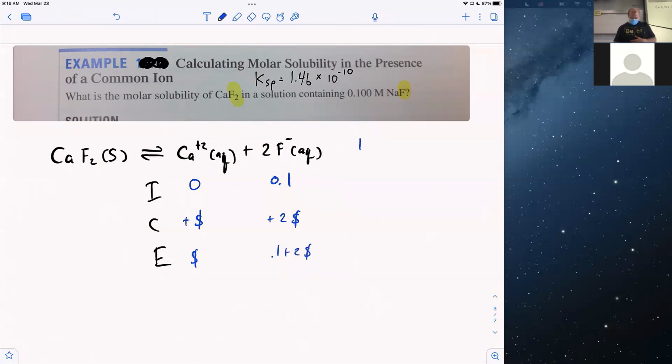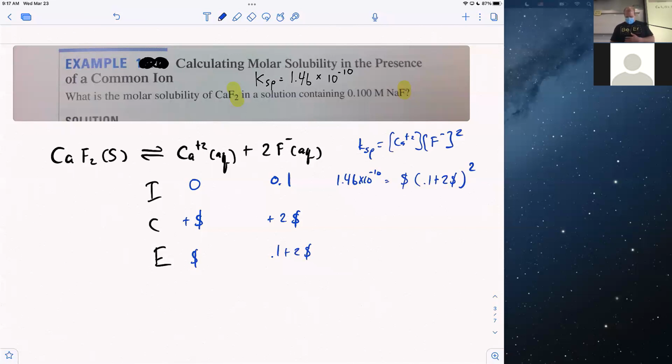So our KSP is still going to be calcium plus 2, fluoride minus squared. And we know the value of KSP, 1.46 times 10 to the minus 10 equals solubility times the quantity 0.1 plus 2 solubility squared.